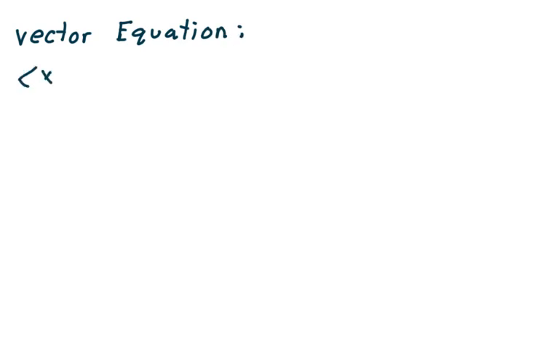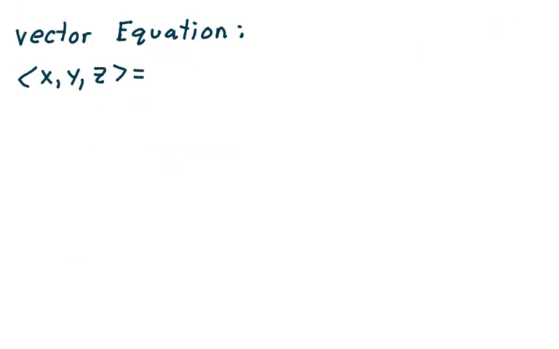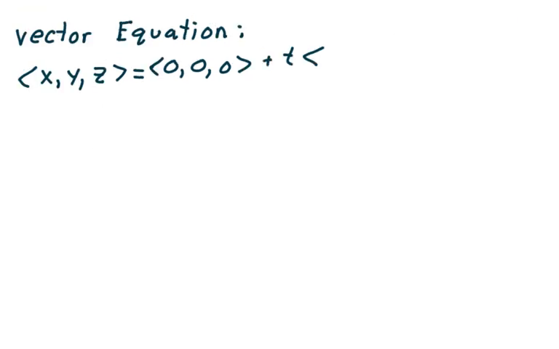So I'm going to take <x, y, z> and set that equal to the position vector of the point, which is <0, 0, 0>, plus t times the vector that runs parallel to the line. That vector is <8, -1, 3>. So this is the vector equation.